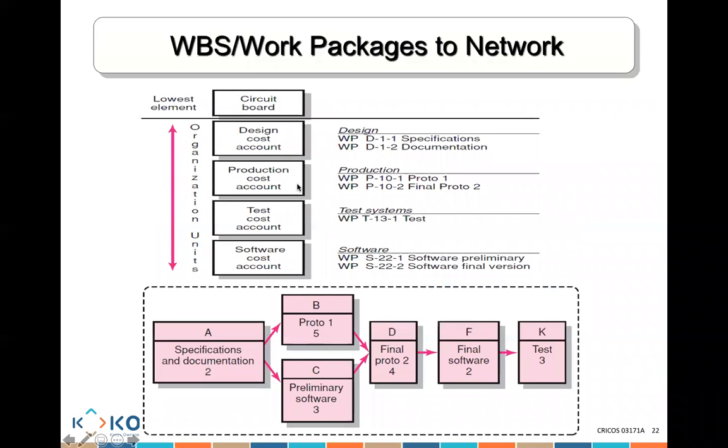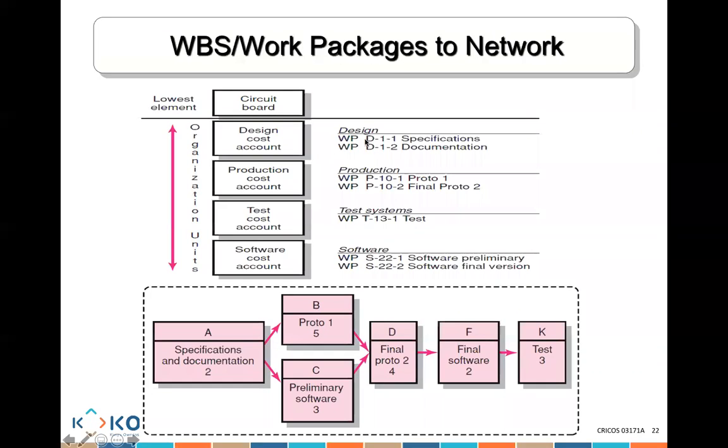So guys, we spoke last week about what we call the work package. I told you the work package is a job that we need to go and do. So you think about, I have a design cost account, I have a production cost account, I have a testing one. So there's design work, there's production work, there's testing work, there's software work. Okay, great. So what is the design work we need to do?